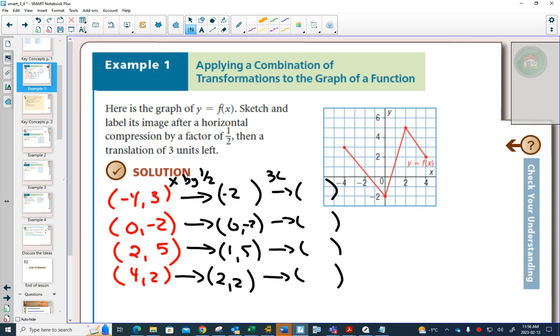Y's don't change. 3 to the left: -5, 3, -3, -2, -2, 5, -1, 2. So I move them all 3 to the left. I could graph my new points (-5, 3), (-3, -2), (-1, 2), and (-2, 5). And draw my graph.